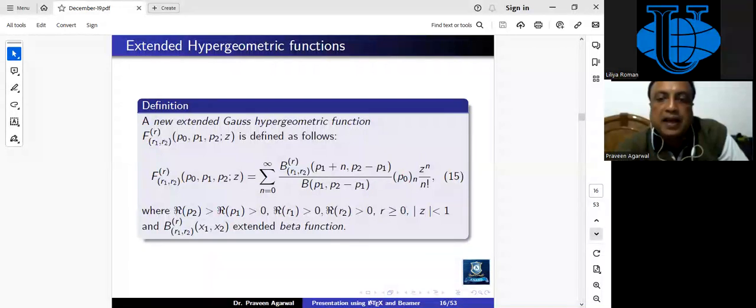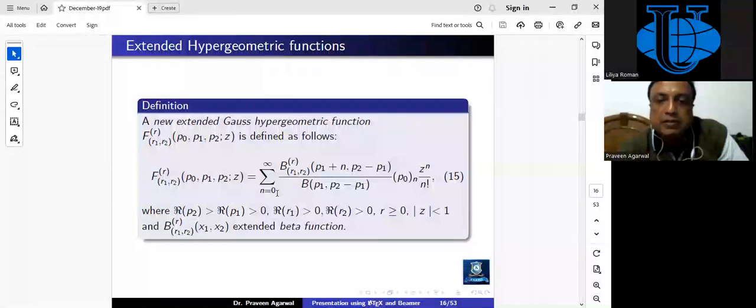Then they have developed a new extended Gauss hypergeometric function, which is represented by F of R, R1, R2.